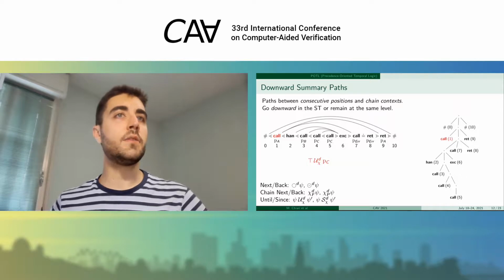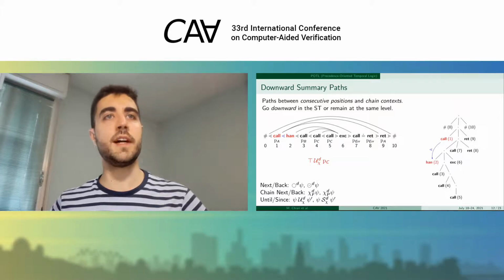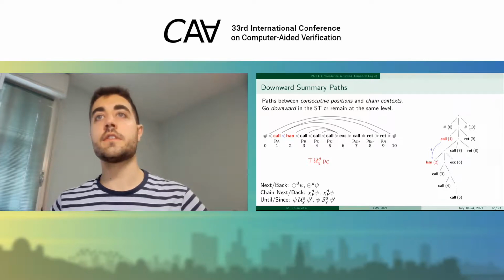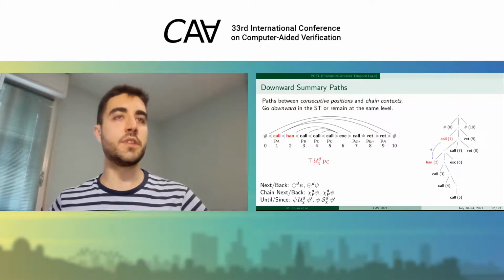So if we take the linear next, for example, we can evaluate it in position 1, and as you can see, it evaluates psi, so its argument, in position 2. And as you can see from the syntax tree, position 2 is down with respect to the call in position 1.